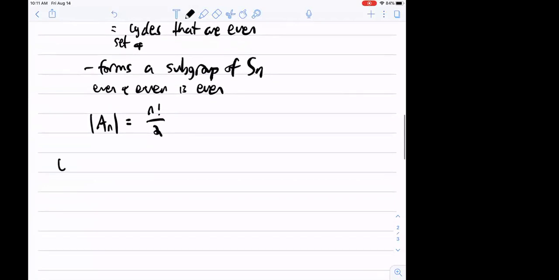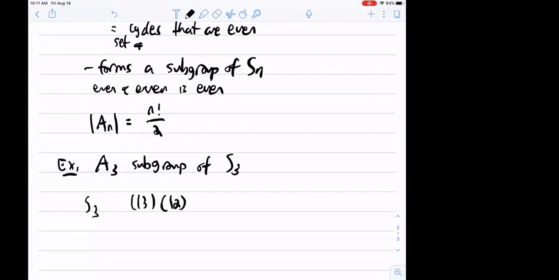So let me just give an example. A3 is a subgroup of S3. So we can write what S3 has: 1, (1 3), (1 2), E, (1 2 3), (1 3 2), (2 3).